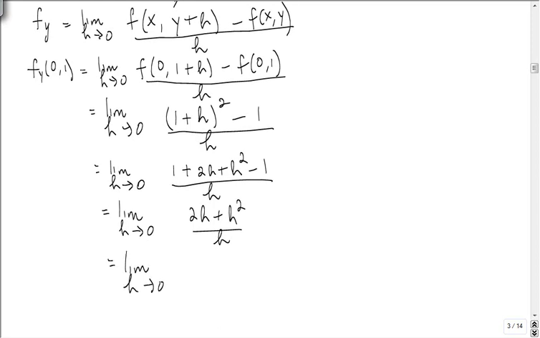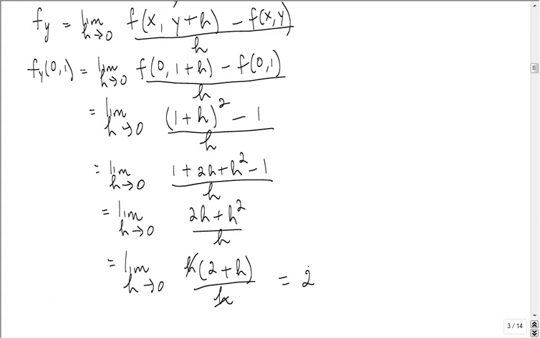Factor out the h: h times (2 + h) over h. Cancel the h's. You are left with 2 + h, but your h approaches 0, so the answer is just 2.